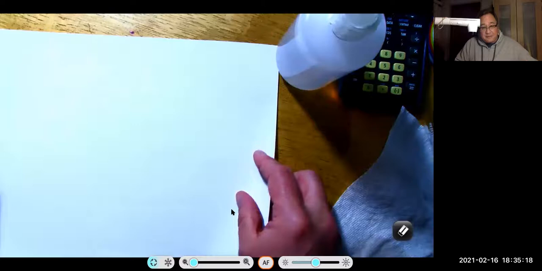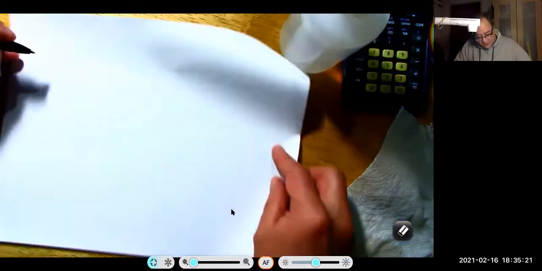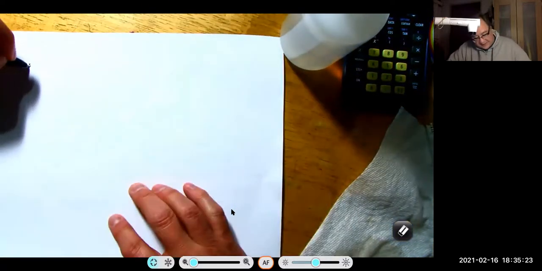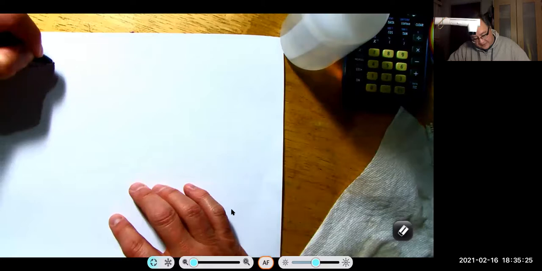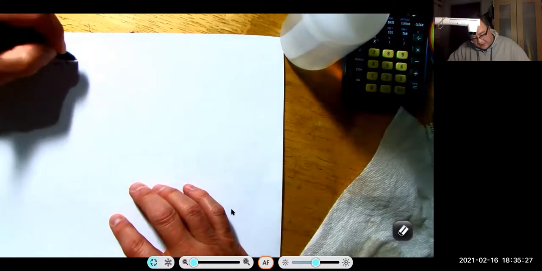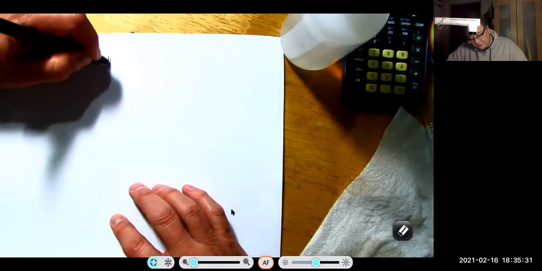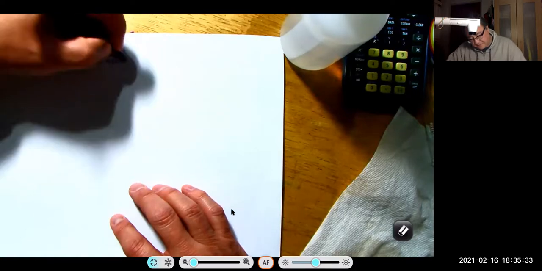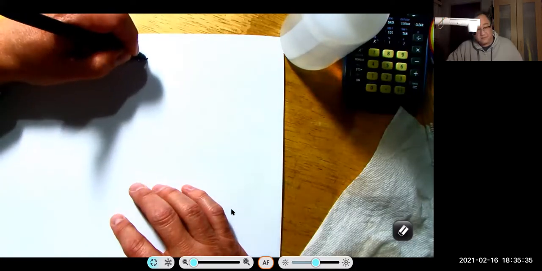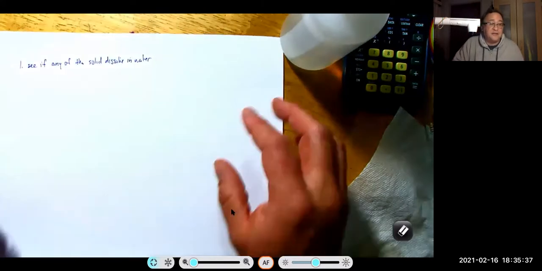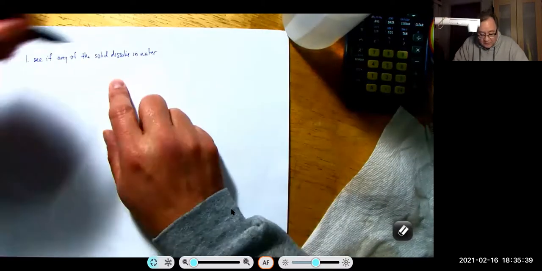So the first step is 1, see if any of the solids dissolve in water. That's your first step. See if any of the solids dissolve in water.